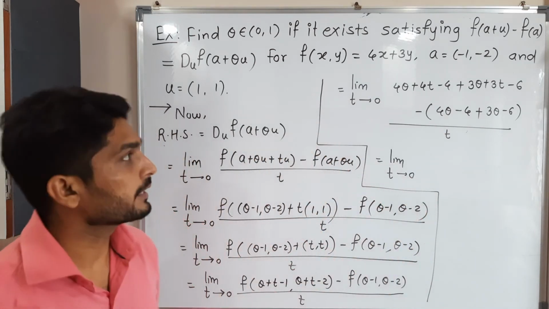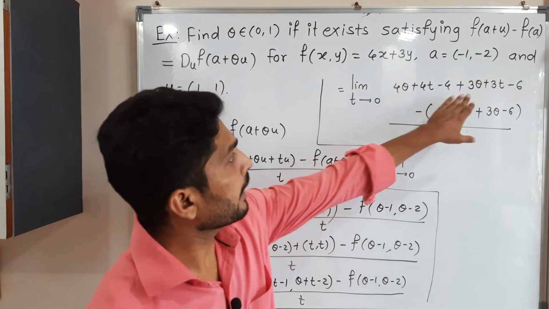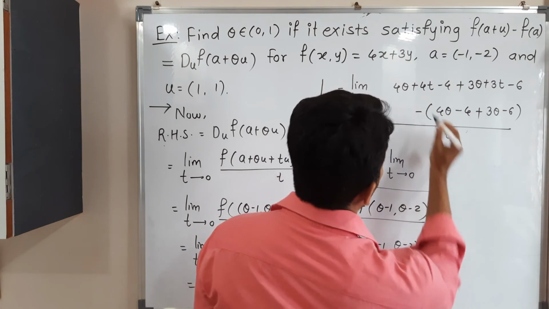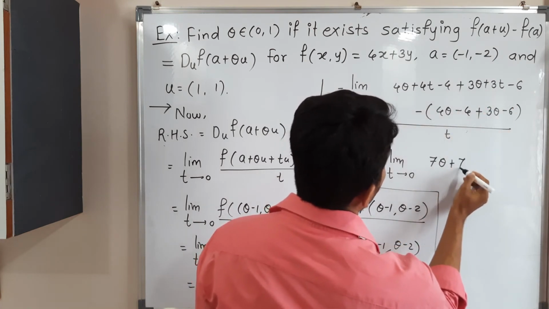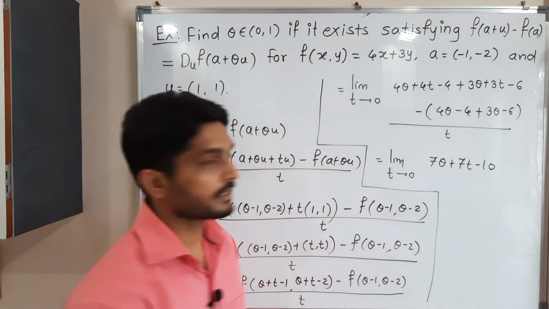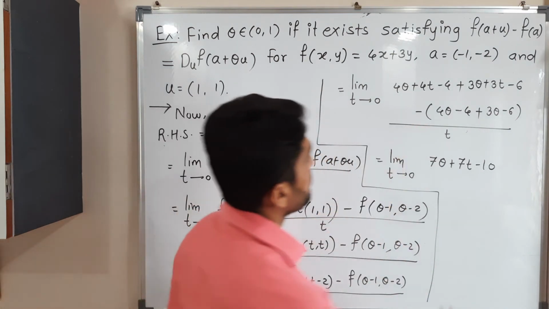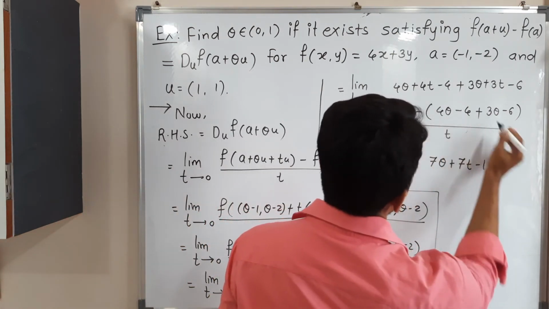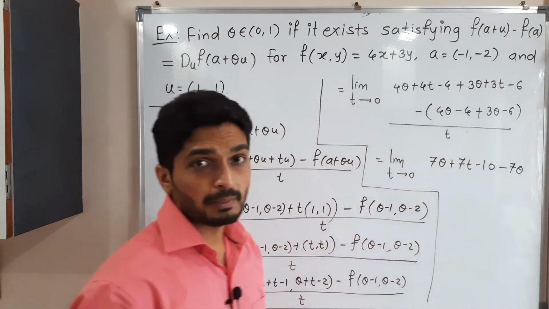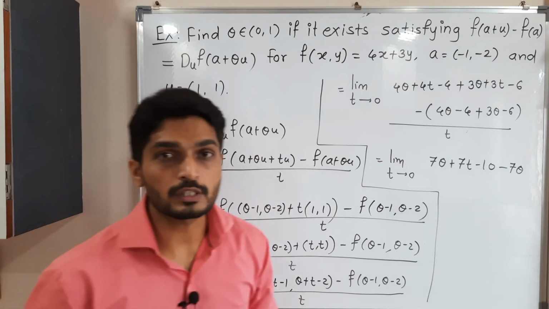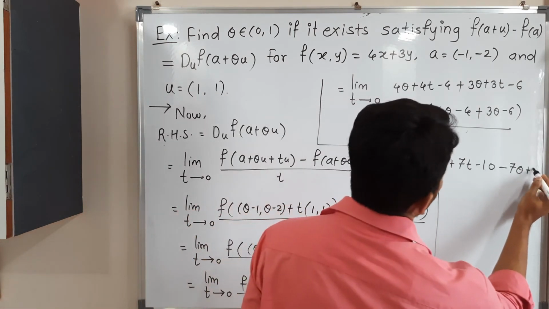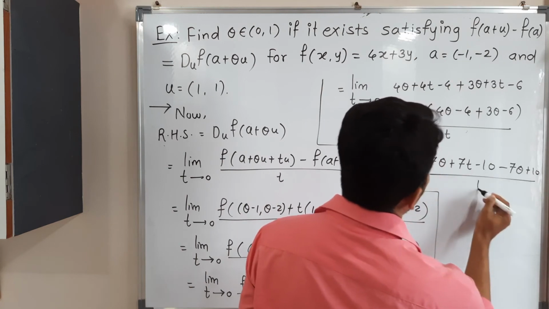Let us simplify it. 4 theta plus 3 theta, that means we have 7 theta. 4t plus 3t, that means 7t, and minus 4 minus 6, which is minus 10. Again there is minus sign outside. So when we solve the bracket, minus minus plus, we will have plus 10 divided by t.